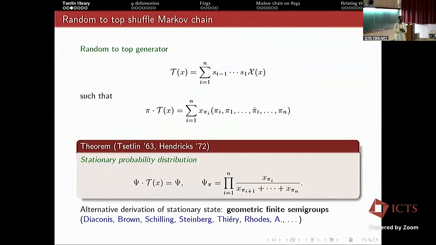You can generalize to libraries on trees. There's all kinds of things. There are books on these. Anyway, our point of view is to look at geometric finite semigroups. This was initiated primarily by Diaconis and Brown, and then we have done a lot of work in this direction. We generalized this to arbitrary posets, etc. So there's some long story.